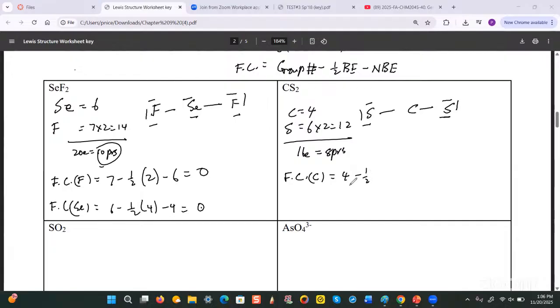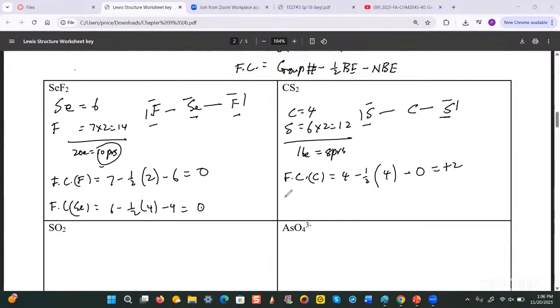What's the number of bonding electrons for carbon in the structure here? Remember, each line represents 2 electrons, right? So for carbon, what's the number of bonding electrons carbon has? 4, exactly. Minus the number of non-bonding electrons, which would be? Exactly. So this works out to be equal to +2, right?